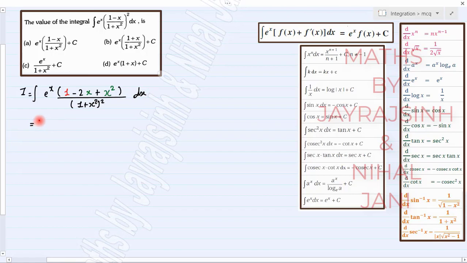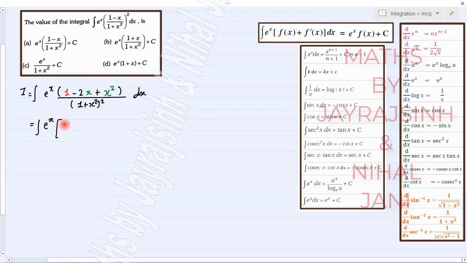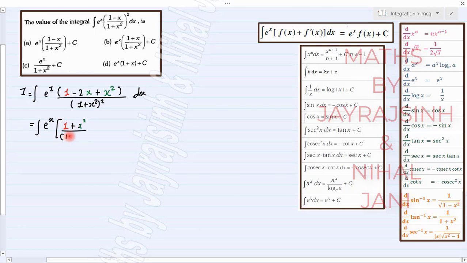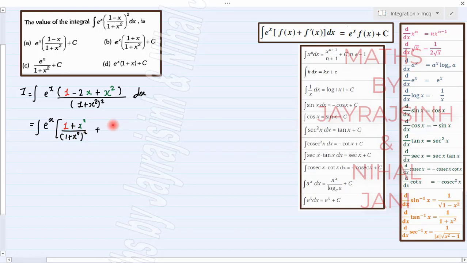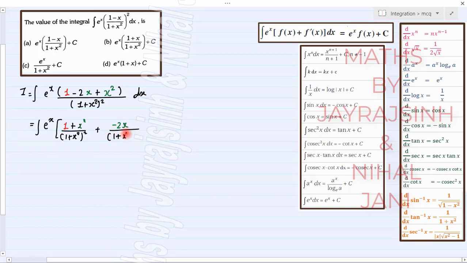Okay, now let's give individual denominators. In the first term, we will take (1 plus x square) upon (1 plus x square) the whole square, and then we will take minus 2x upon (1 plus x square) the whole square dx.